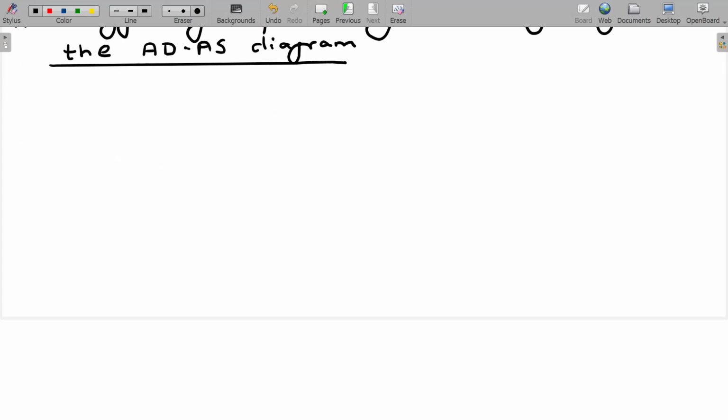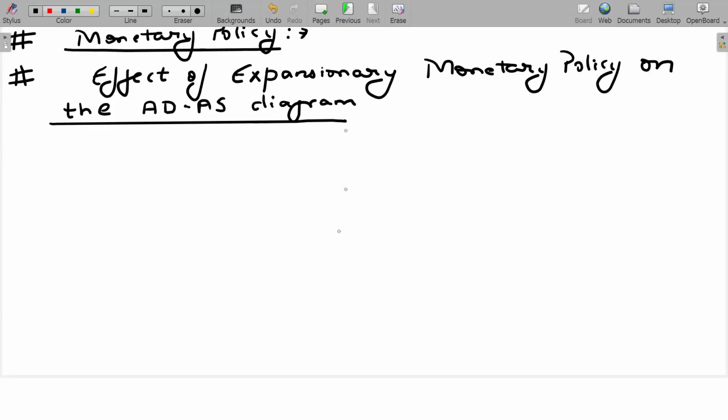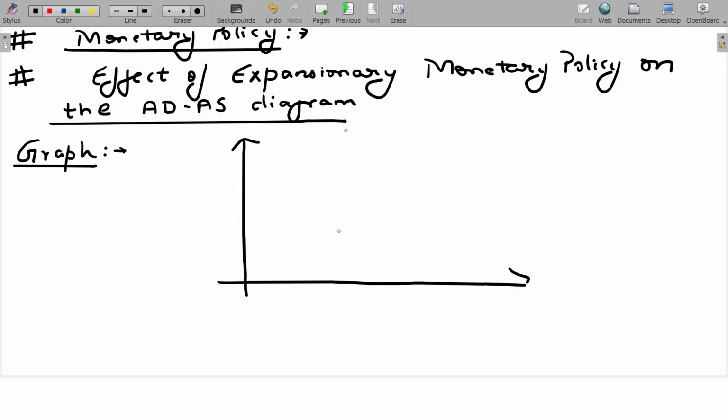Okay, so let's look at the graph. Let me draw a graph first. On the horizontal axis, we are measuring the real GDP. On the vertical axis, we are measuring the price level.